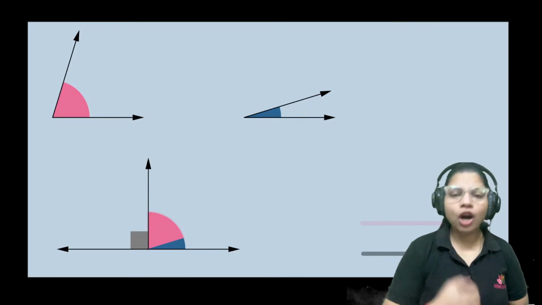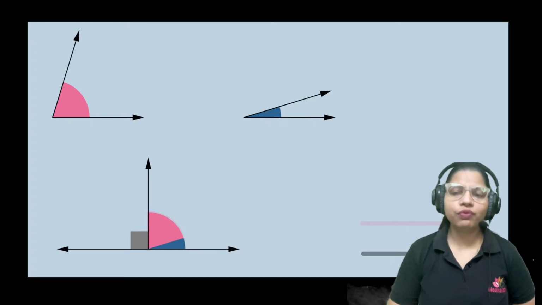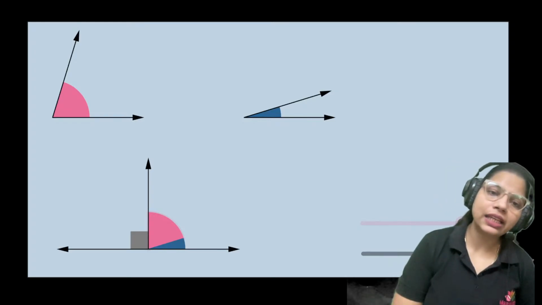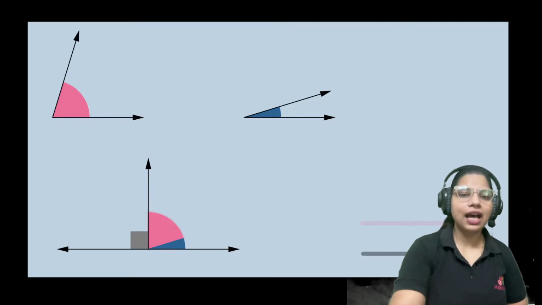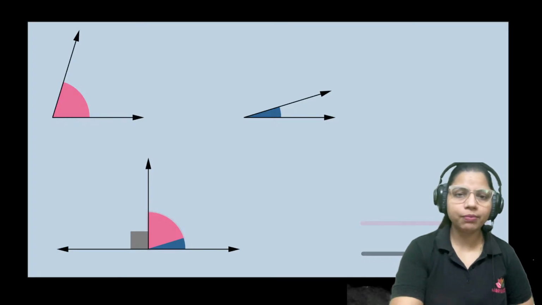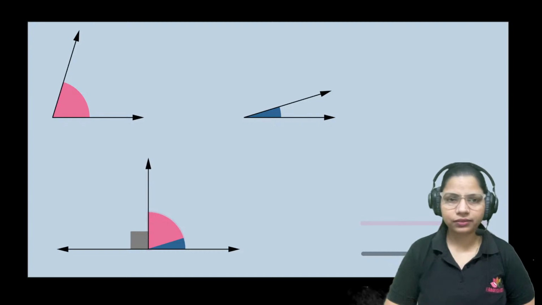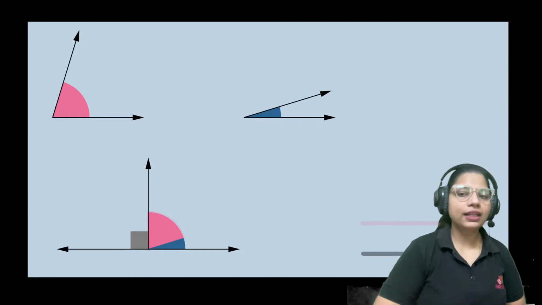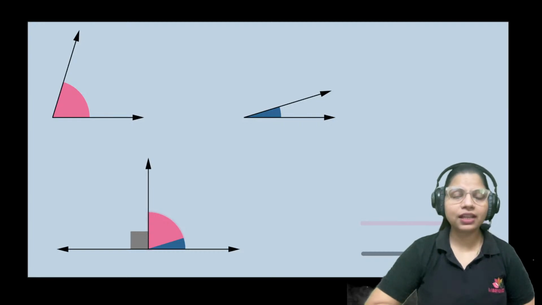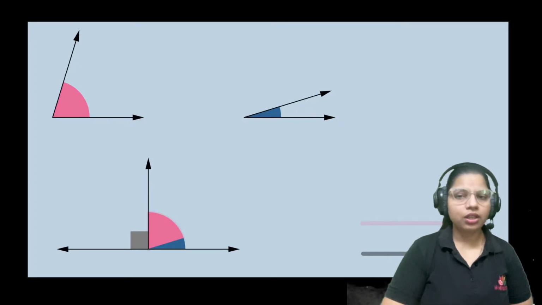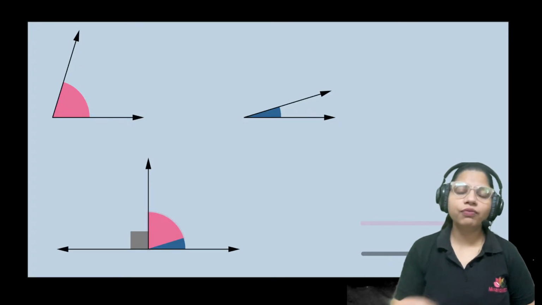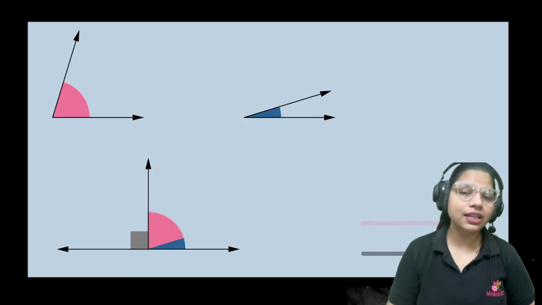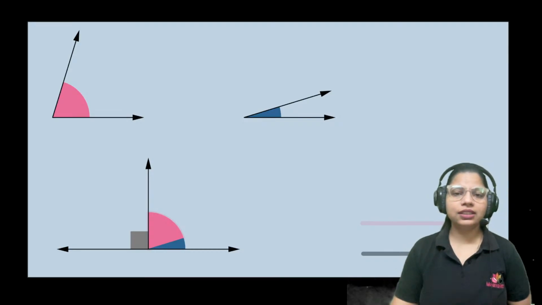Okay. Complementary angles are angles which are adding up to 90 degrees. Two angles, when they add up to 90 degrees, we call them complementary angles. Right? If you add them up, they make 90 degrees. So if one is 10 degrees, what would the other one be? Just think.